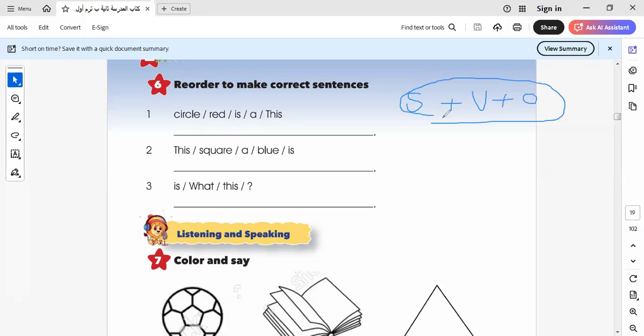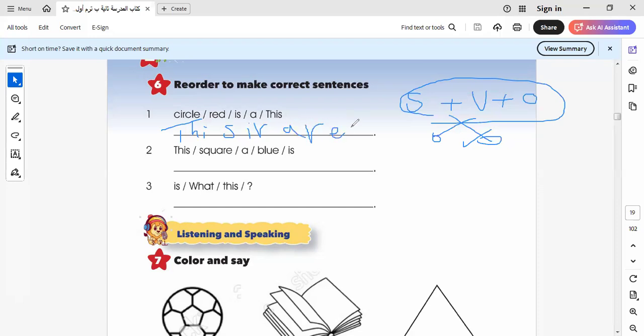Here is subject, verb, object. This is the rule that we understood and knew during the previous years. I explained this several times: this is the component of the sentence. When I talk about the question form, I replace the verb in place of the subject. I say this is a red circle.